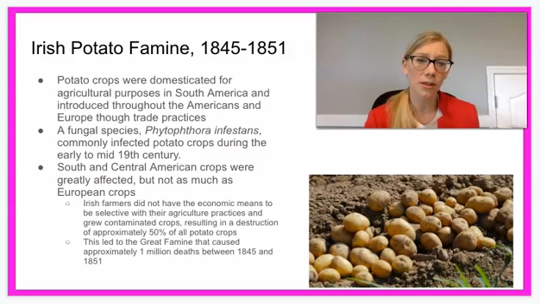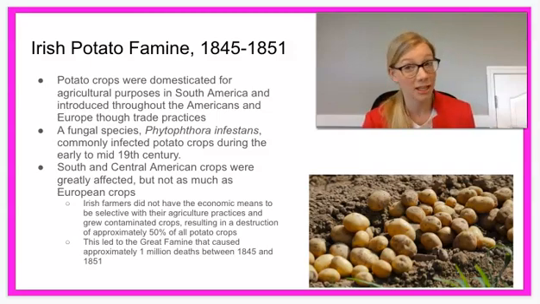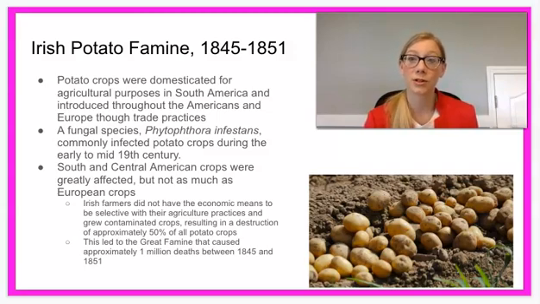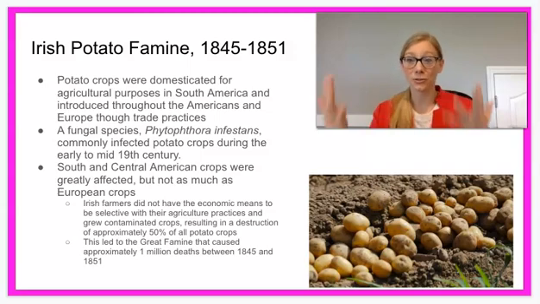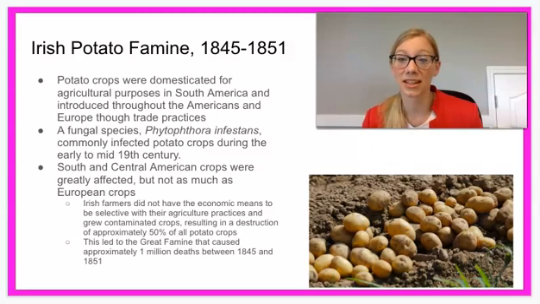So the South and Central American crops were affected, but not quite as much as the European crops, particularly Irish farmers, who relied greatly on potatoes to feed their families and for their economic support. And they really didn't have a lot of extra that they could use to support things. It was this hand-to-mouth sort of way of living, right?